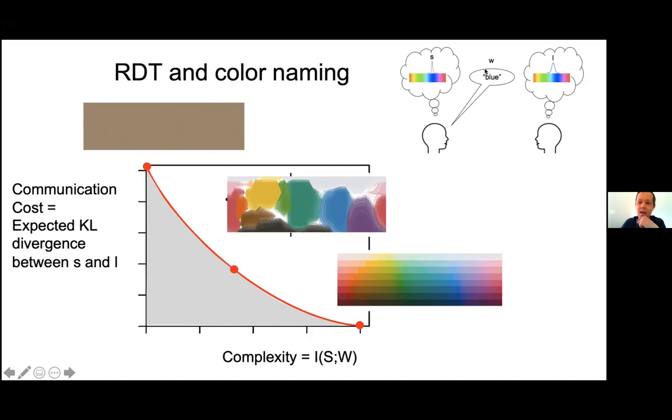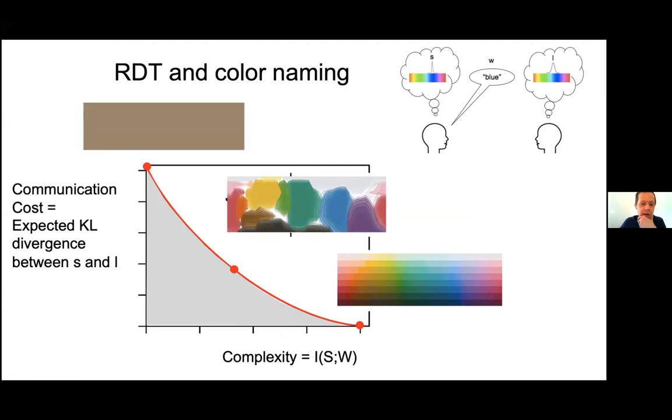In a case where the label pins down the hue quite precisely, the word W is conveying lots of bits, and so complexity is going to be high. So the actual definition here is in terms of number of bits conveyed by the word about the speaker distribution. But as a good first approximation, you could think of complexity for today as number of categories in the system, and you won't go too far wrong.